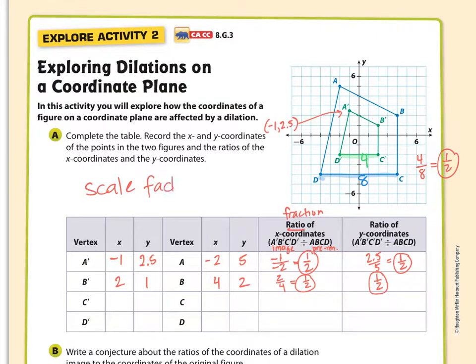Well, the scale factor is something that's going to show up in the next lesson, you'll see. And the scale factor of this dilation ends up being 1/2. So this word scale factor is the most important number when it comes to a dilation. In fact, it's really the only number that you're going to deal with. So let's give it a try.